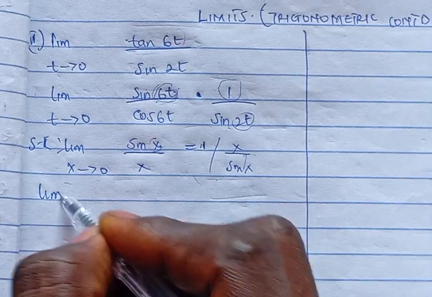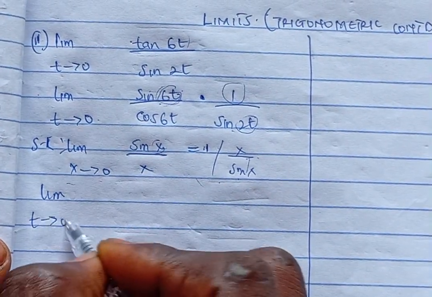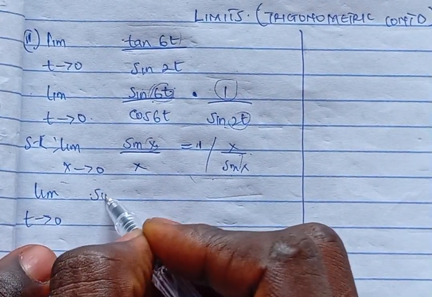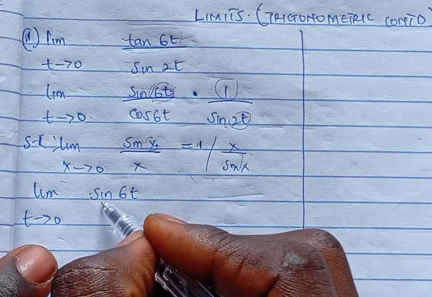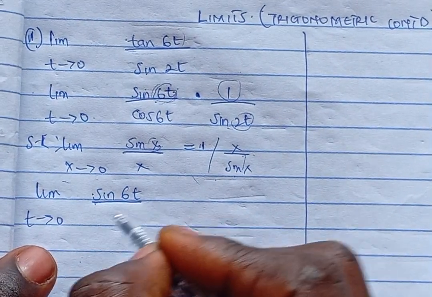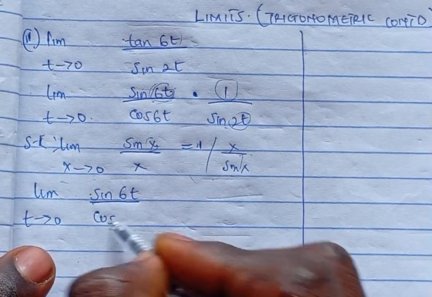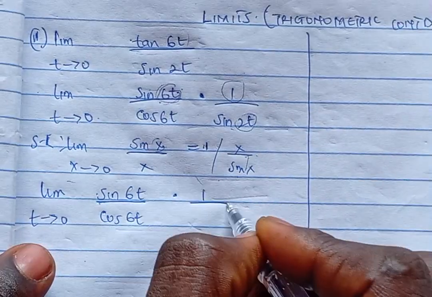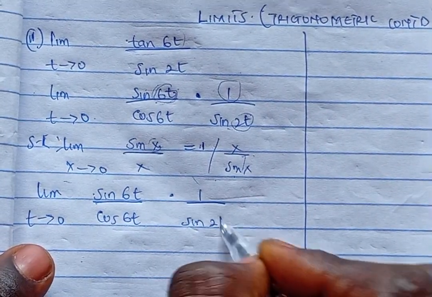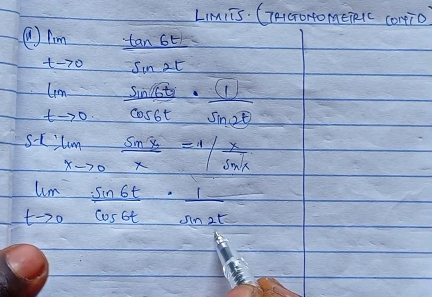So let me rewrite this. The limit as t tends to 0 of sine 6t over cos 6t multiplied by 1 over sine 2t. I need 6t here and I need 2t here.